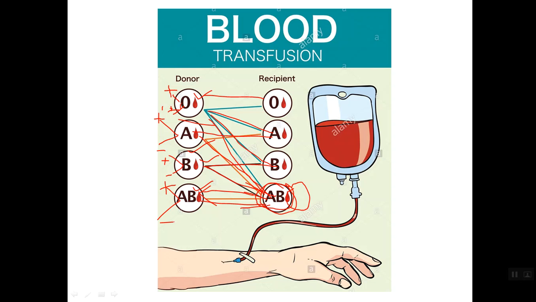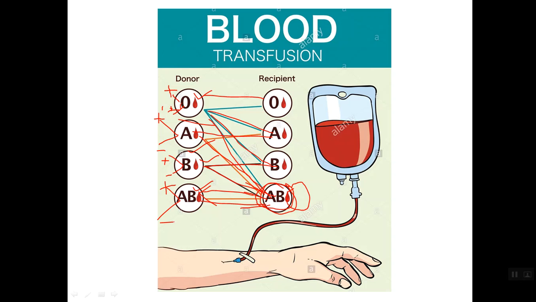The transfusion of improperly matched blood groups immediately raises a severe, acute immunological reaction that is very fatal for the recipient. Immediately blood clotting takes place and the person will lose their life.